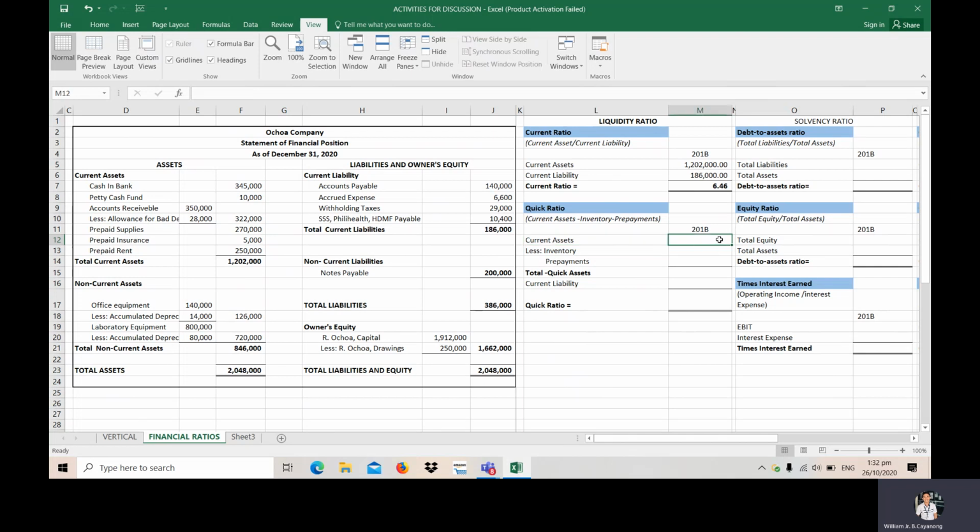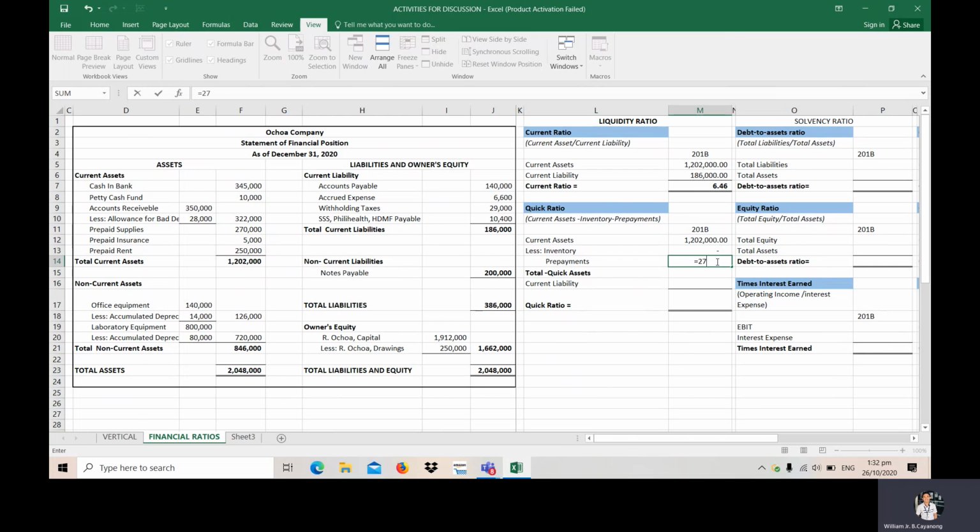The current assets are still the same, 1,202,000. But here, we have to deduct inventory and prepayments. Do we have inventory here? None, so we'll keep it blank or zero. Then, prepayments. How much are all our prepaids?